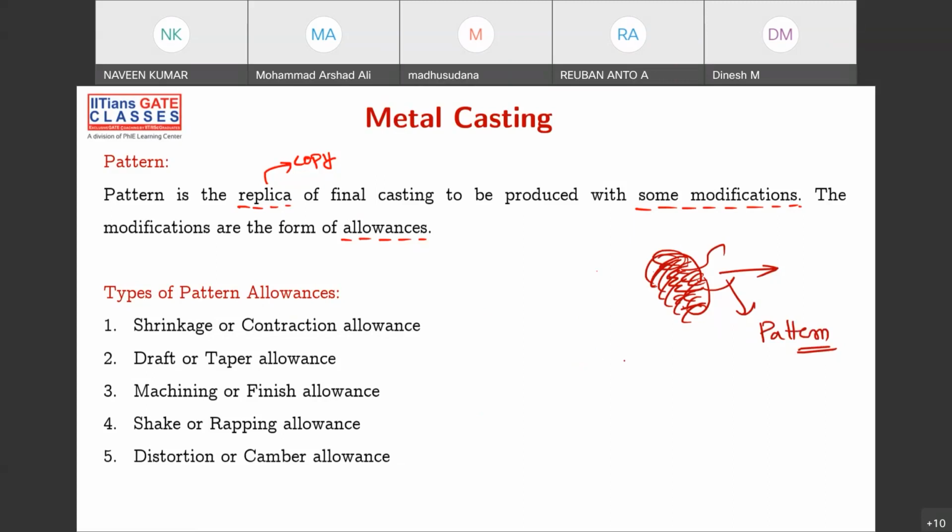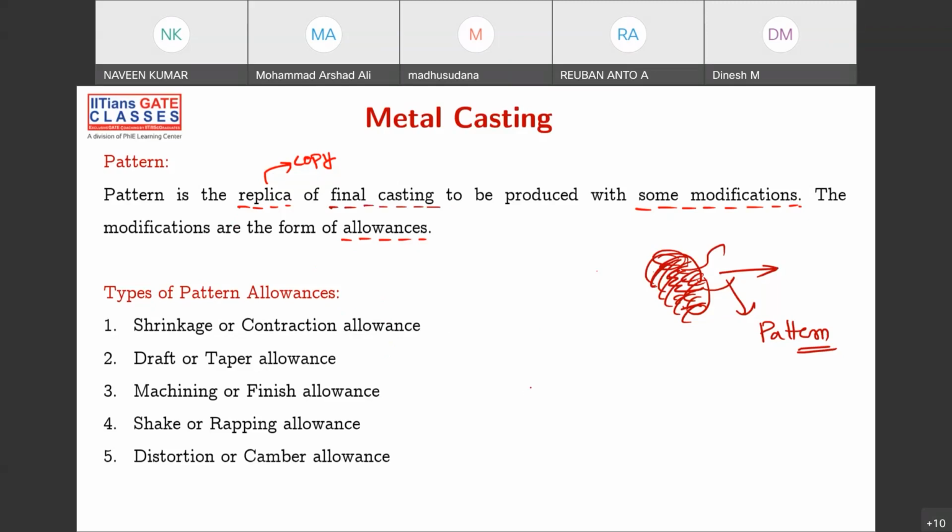If you pour water, or some kind of material which can solidify, into that cavity, then after removing the sand particles you can see a leg being formed. Like that, for creating a hollow cavity you have to have a pattern, and that pattern should be a replica, in the sense a copy, of the final casting.